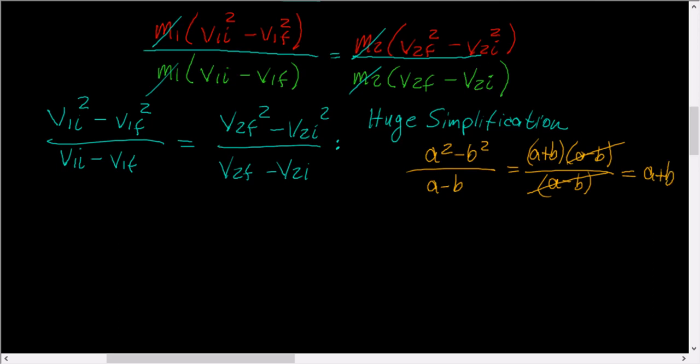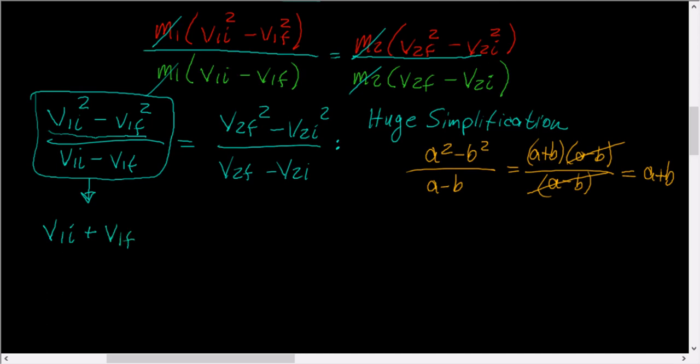And that's exactly what we have here in our velocity equations. So where we have here in the numerator v1 initial minus v1 final with each of them squared, this whole term just turns into a v1 initial plus v1 final. And then similarly for the right-hand side, we just get v2 final plus v2 initial.